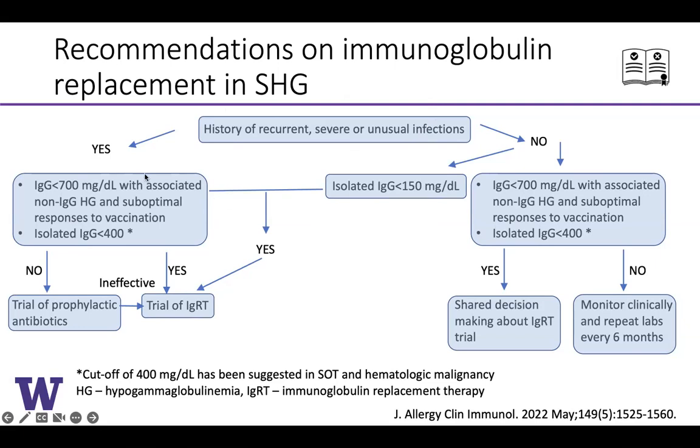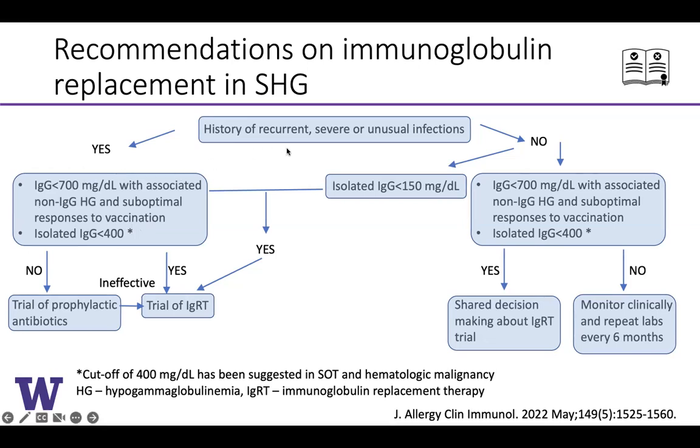The next point of consideration is how severe the hypogammaglobulinemia is. It's considered severe if it's any hypogammaglobulinemia with IgG less than 700 associated with non-IgG hypogammaglobulinemia and suboptimal responses to vaccination, or if it's isolated IgG of less than 400, and this comes primarily from the solid organ transplant studies.